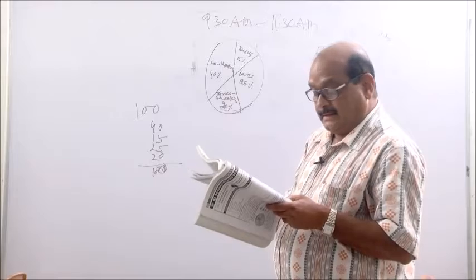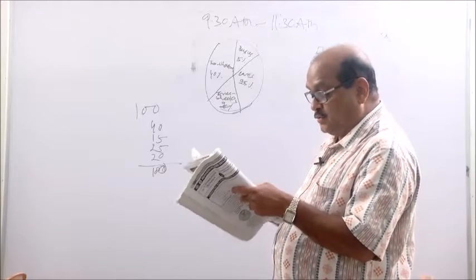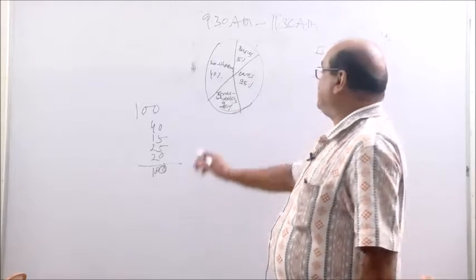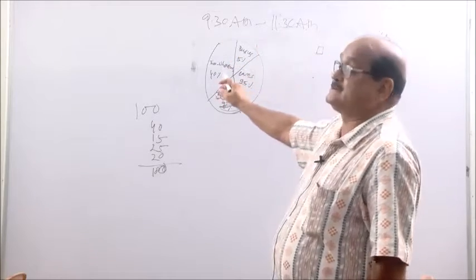How? Of all the vehicles, two-wheelers top the list. What is the percent of two-wheelers running from 9:30 to 11:30? 40%.